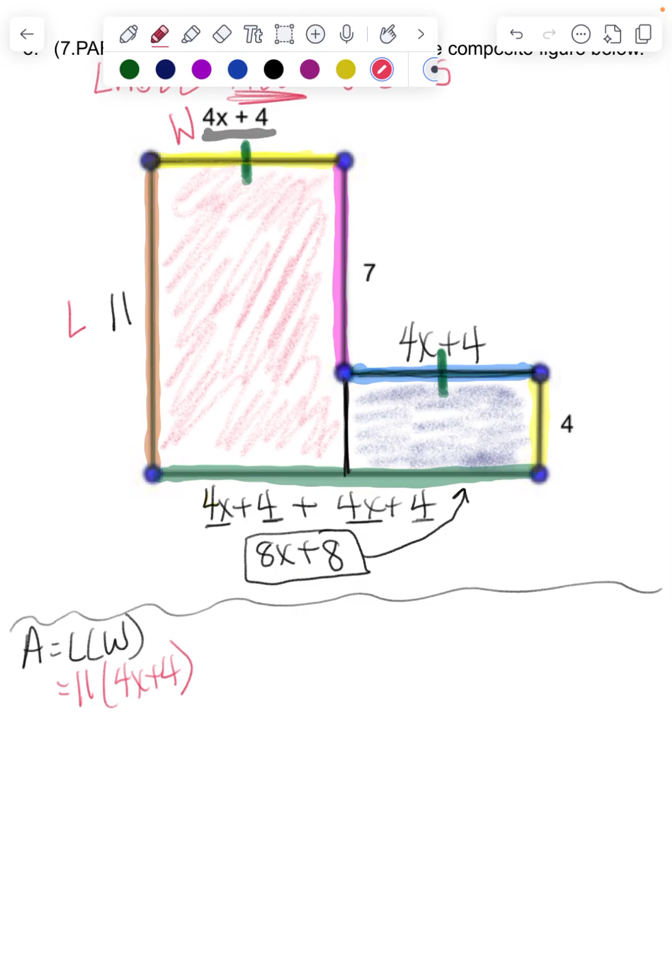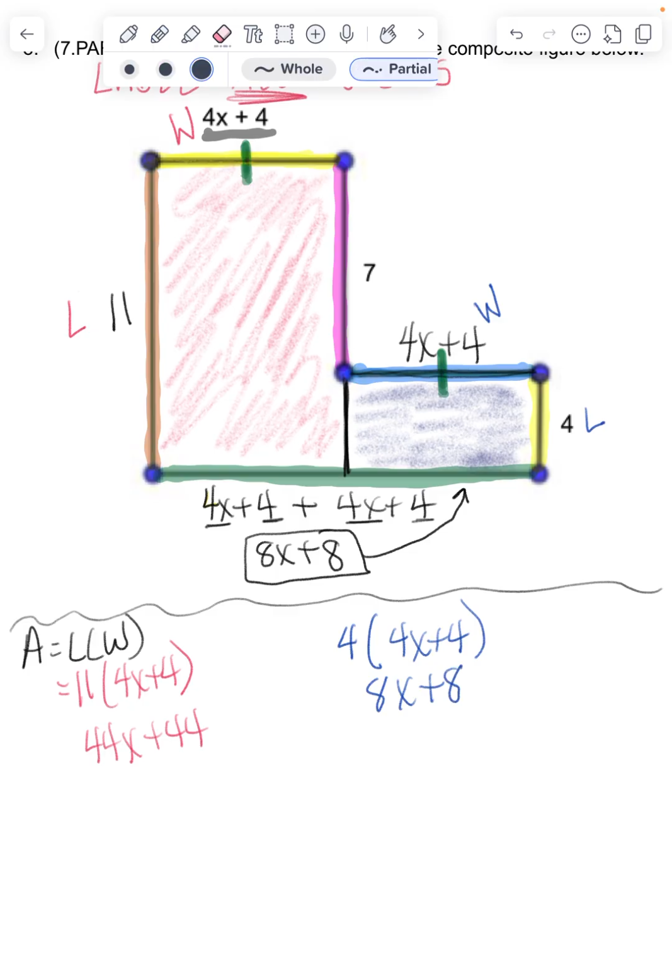So my length is 11. My width is 4x plus 4. When I distribute that, I get 44x plus 44. That's the red one. For the blue one, I'm going to use this as my length, and this is my width, so that I've got a full side and another full side. My length is 4. My width is 4x plus 4.